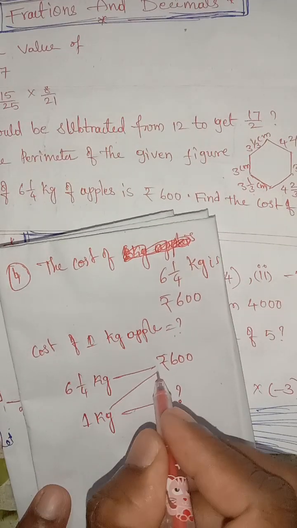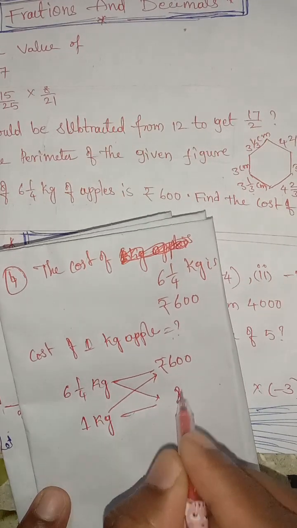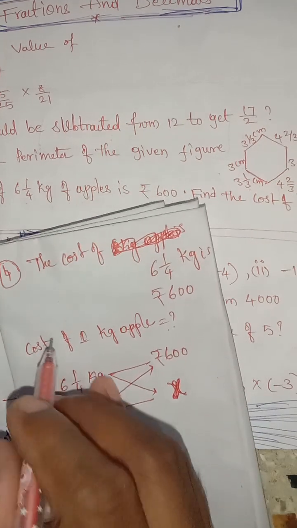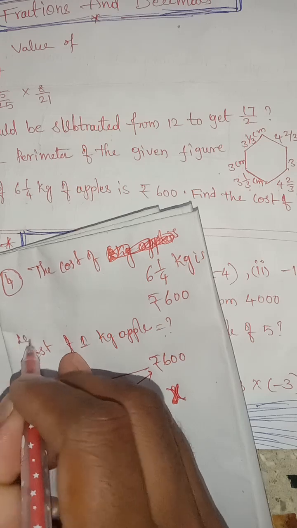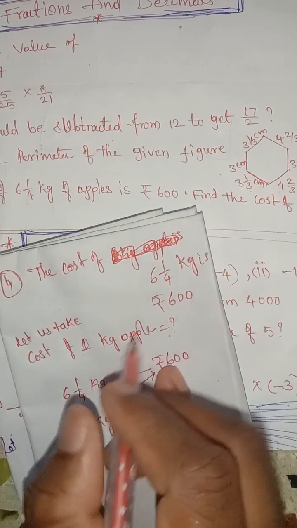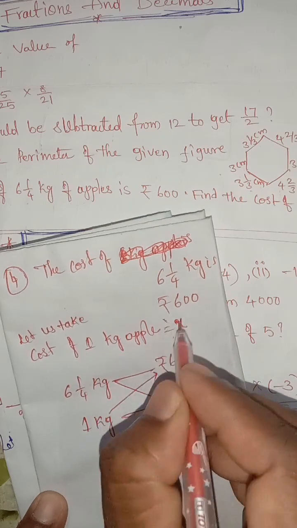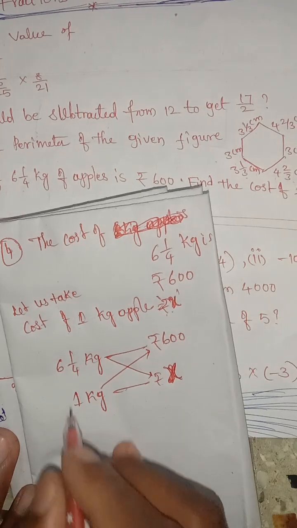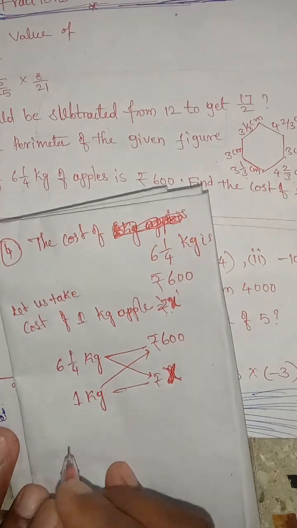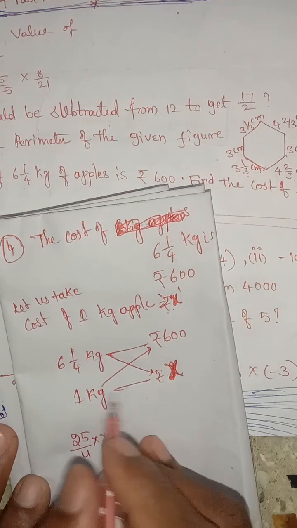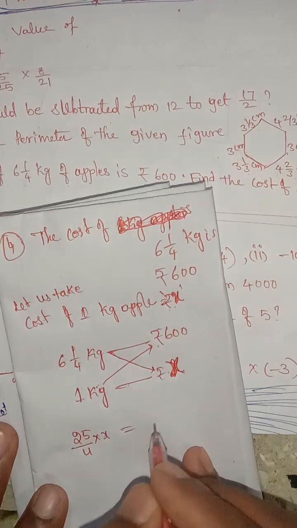So this is the cross multiplication. Let us take the cost of 1 kg apple as x rupees. 6 4s are 24 plus 1 is 25, so 25 by 4 into x, cross multiplication, equals 1 into 600.